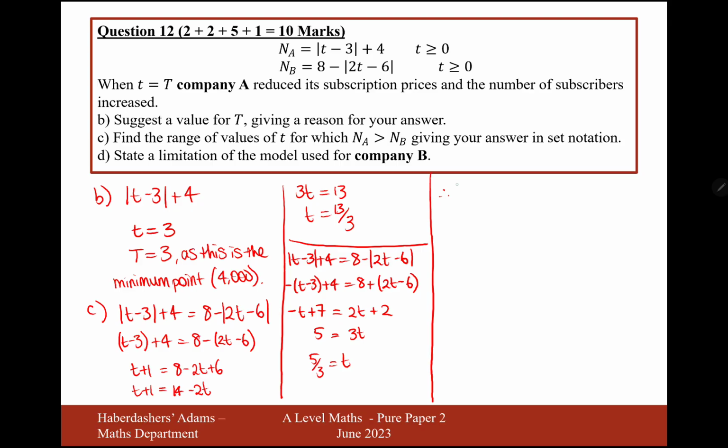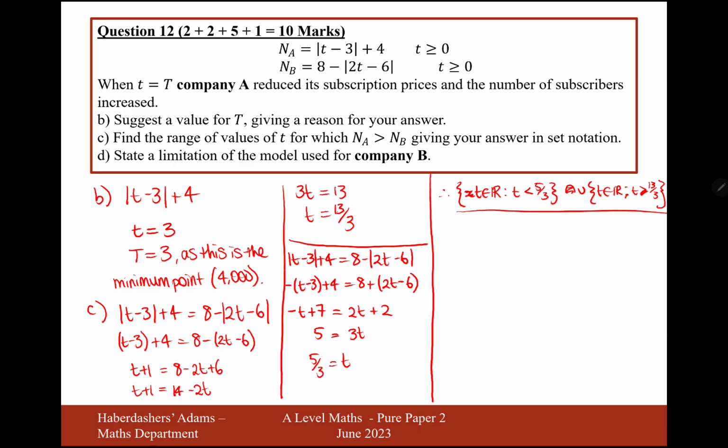So therefore in set notation, it's t existing in the real set of numbers such that t is less than 5/3, or t existing in the real set of numbers such that t is bigger than 13/3. There we are, that's the answer for part C.